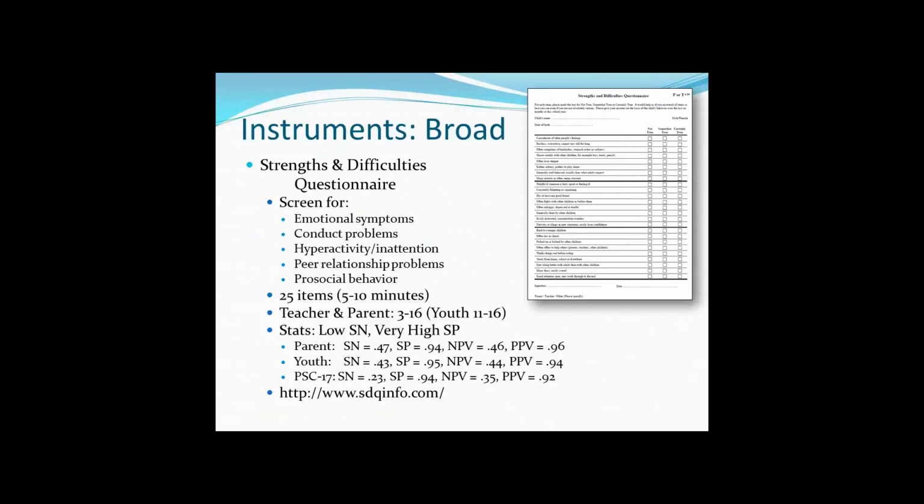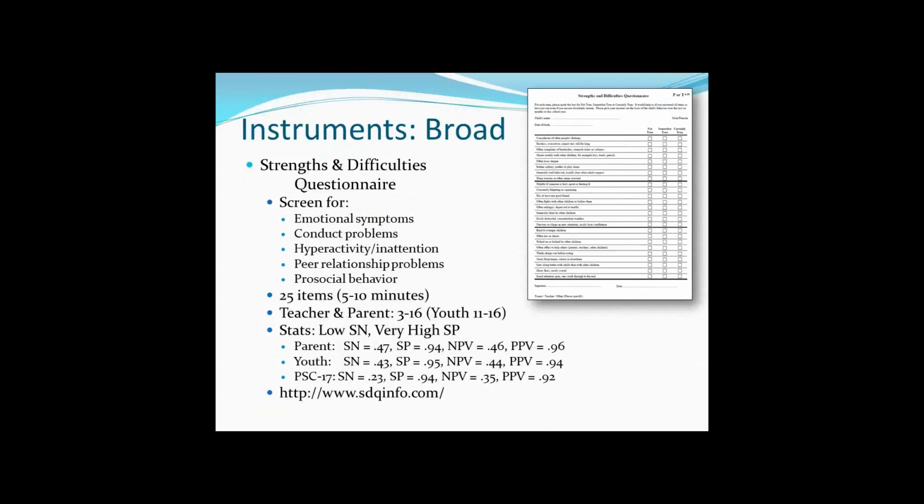Strengths and Difficulties Questionnaire. Here's another simple screening tool. It's a screen for emotional symptoms, conduct problems, hyperactivity, inattention, peer relationship problems, and prosocial behavior. 25 items, takes 5 to 10 minutes. Again, youth, if they're taking it themselves, have to be between the ages of 11 and 16.